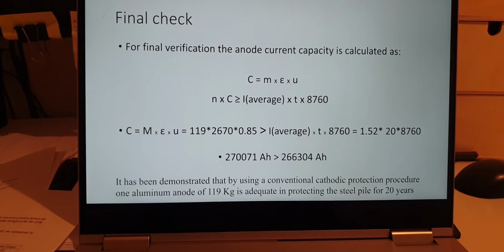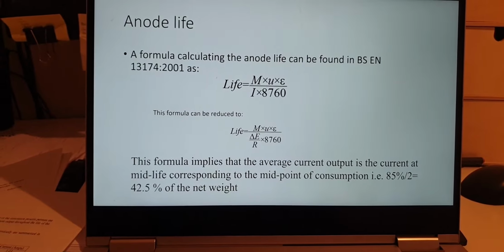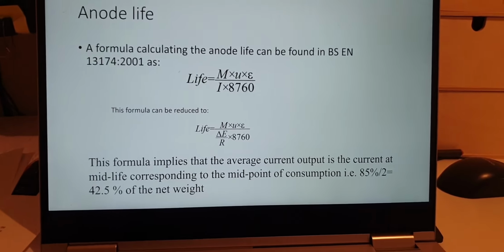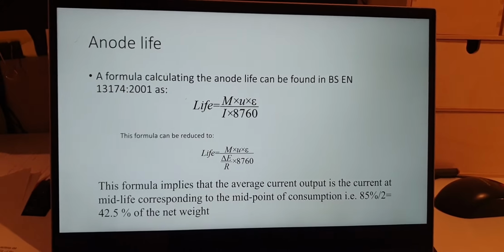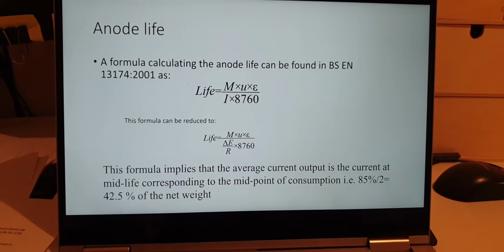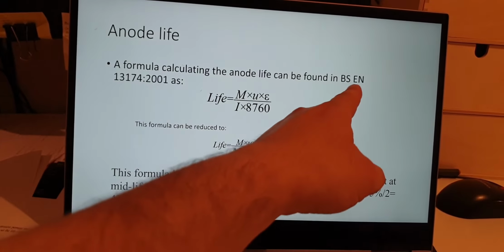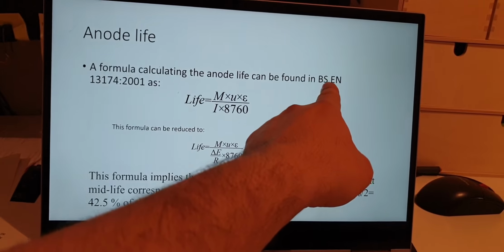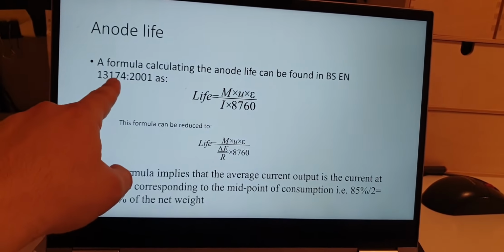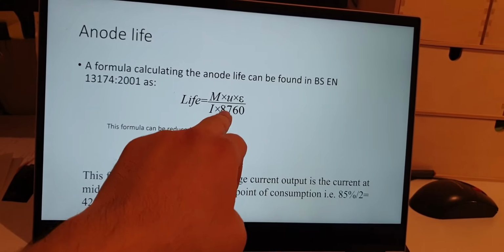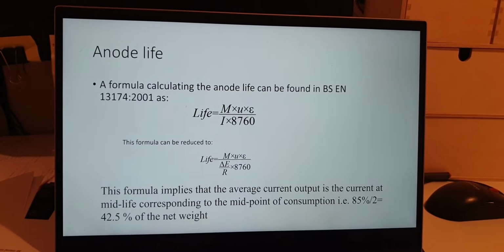Now, we don't know how long the anode will remain active, so we need to calculate the active life of the anode. There is a formula reported in the standard BS EN 13174:2001. That's basically the life of the anode, and it should be calculated.